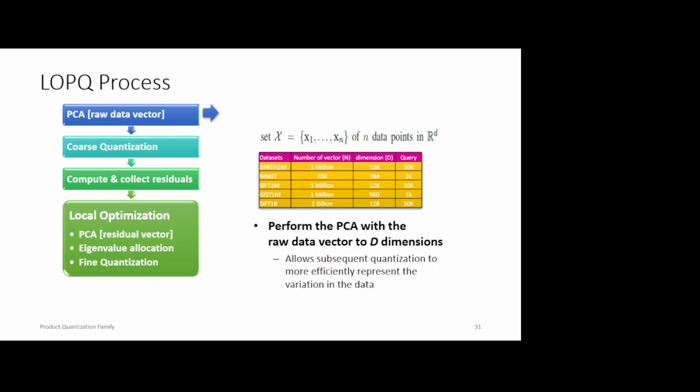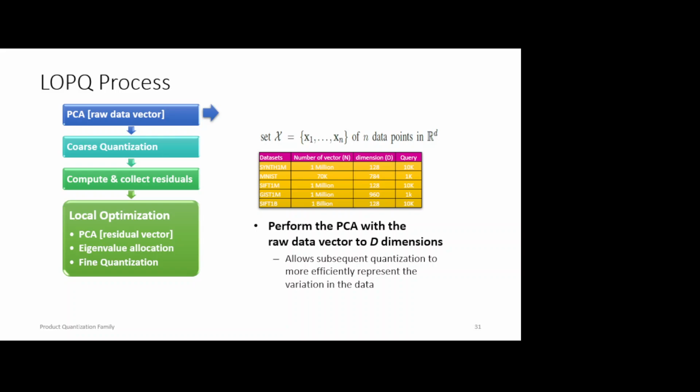Also you can use PCA to do dimensionality reduction. If your original raw data is 100 dimensions, after you apply the PCA, you can reduce it to maybe just 20 or 30 dimensions.